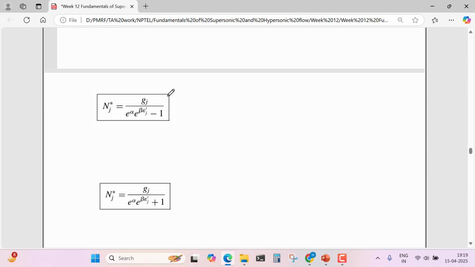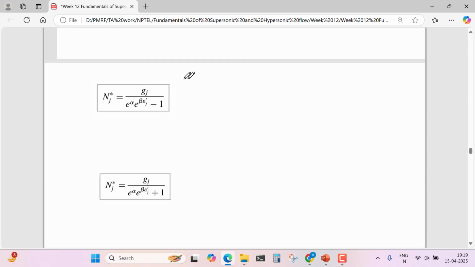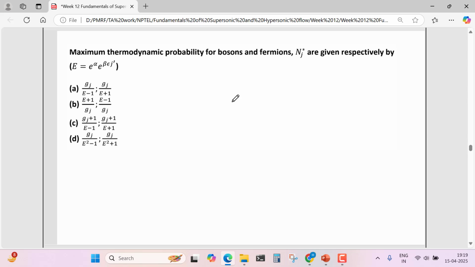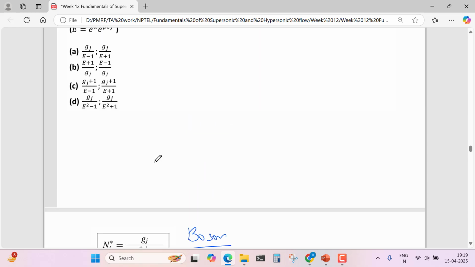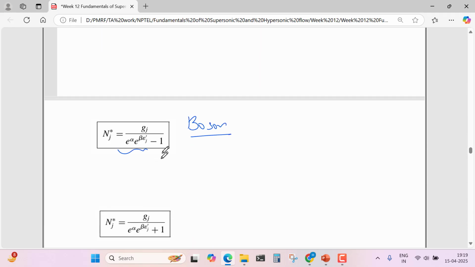Okay, let's see. For bosons, the number of particles in the jth energy level in the case of equilibrium is given by Nj star equals Gj upon e to the power alpha, e to the power beta epsilon j dash, minus 1, and this e to the power alpha e to the power beta epsilon j dash is nothing but E, so it can also be written as Gj upon E minus 1.